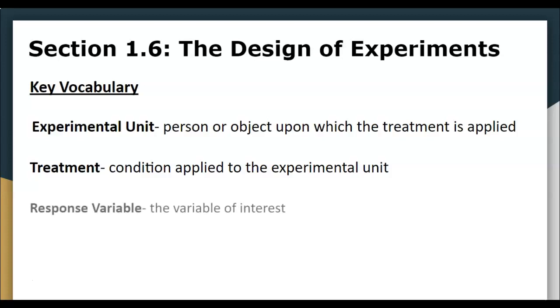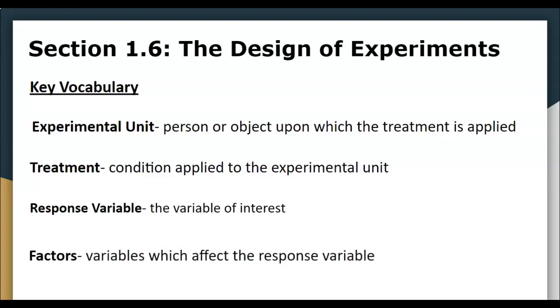Response variable is the variable of interest. Now, response variable often has a lot of different things that affect it. We hope or think that treatment affects it, but it might have a lot of other things as well. And so those are called factors. So factors are variables which affect the response variable.